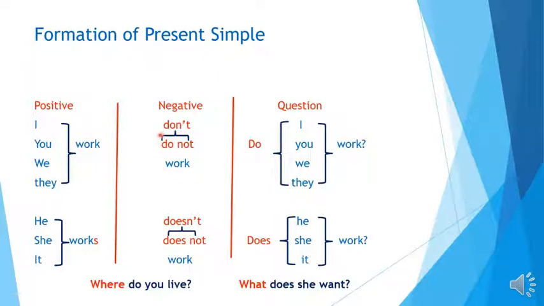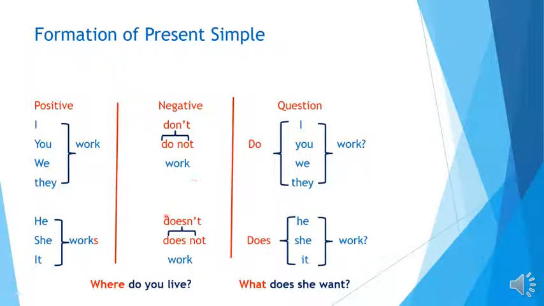Or you can say we don't work. You don't work. They don't work. But if you want, you can say I do not work. You do not work. We do not work. They do not work. Also, you can use the contracted form. Okay, I don't, you don't, we don't, they don't. So then it is negative.